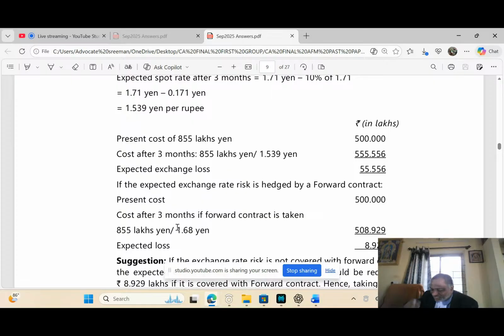855 lakhs divided by 1.539 yen is equal to 555.556 lakhs of Indian rupees.